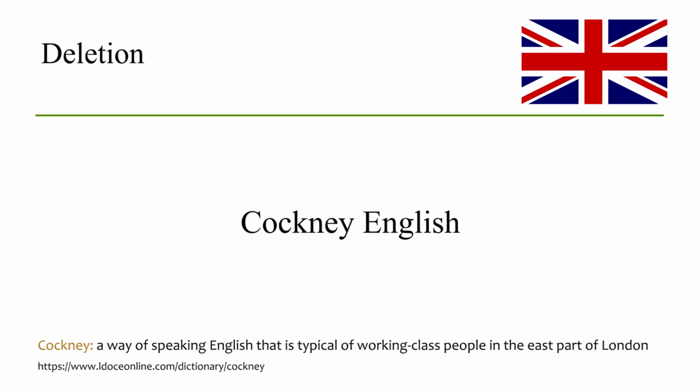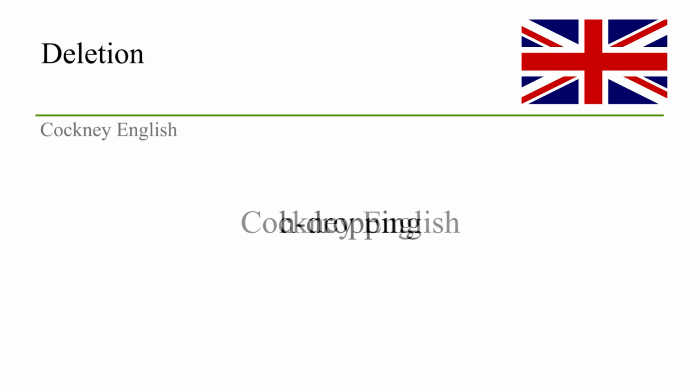Yeah, so there's a particular way of pronouncing English in the UK, a particular accent, which is called Cockney English. In Cockney English, of course, it's different from British or standard American English in certain ways. One of the differences is in a thing which is called H dropping.